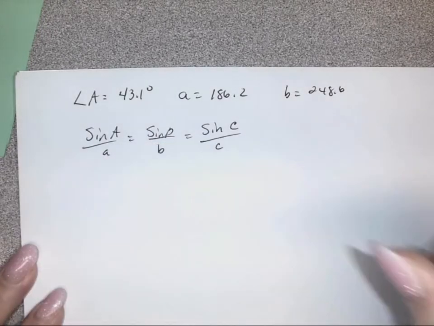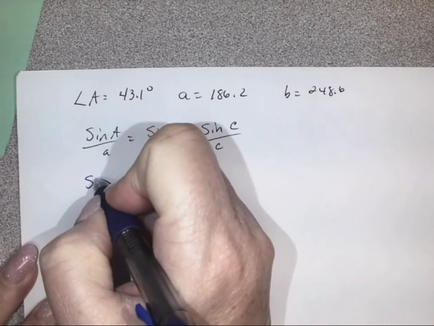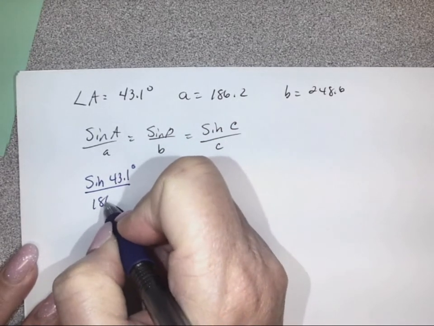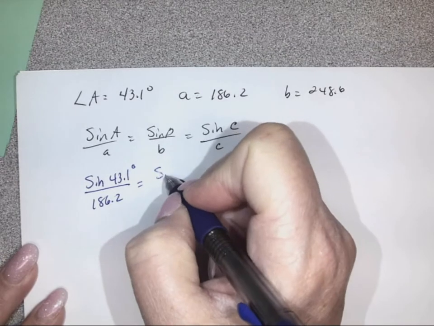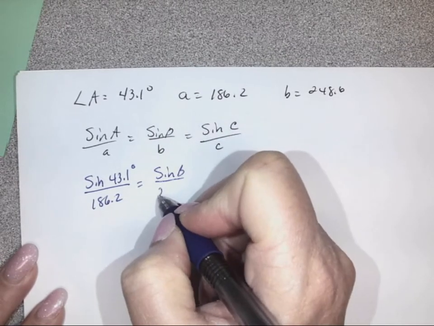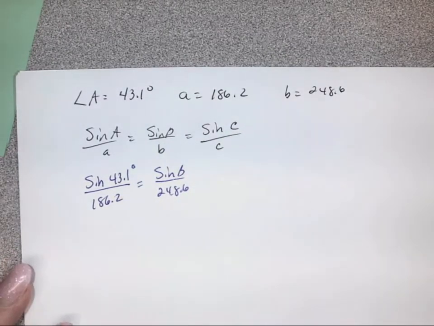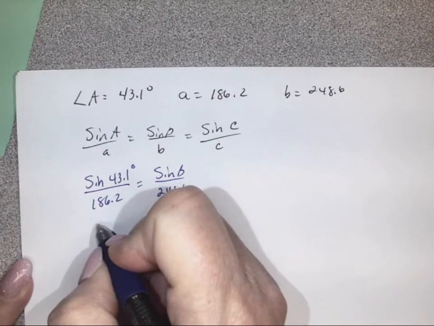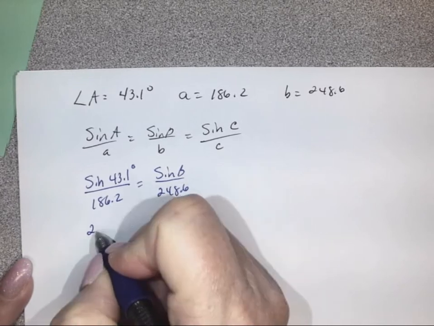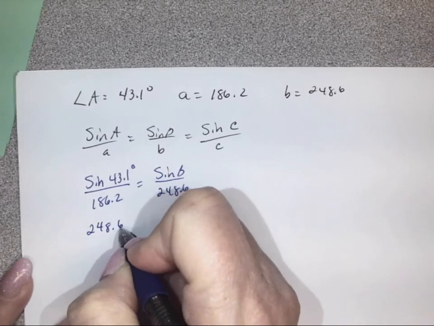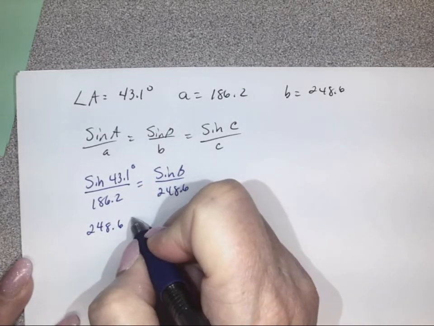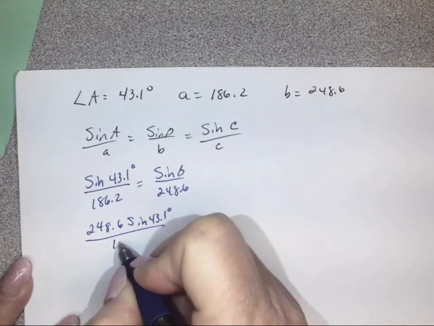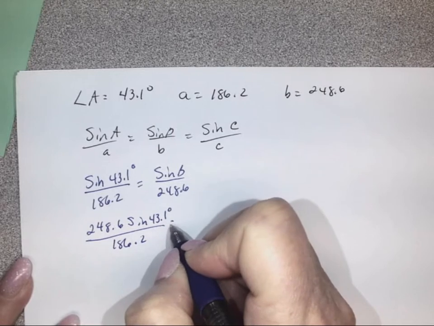So we are going to have the sine of 43.1 degrees over 186.2 is equal to the sine of B divided by 248.6. Cross multiply, we end up with 248.6 times the sine of 43.1 degrees over 186.2.